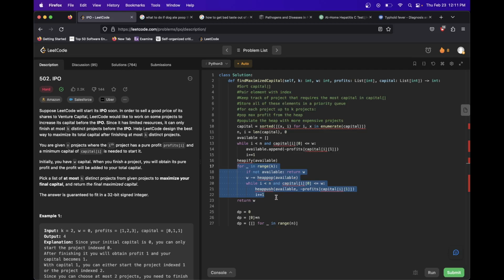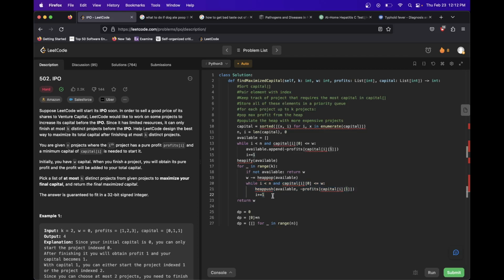So here, the condition that holds true is, because we're doing this last, at the start and end of each iteration of this loop, all projects that we can afford are available to us. So the first thing we do in the loop is say, if nothing's available, then we're done. And if something's available, then pop it, and then we restore that loop invariant.